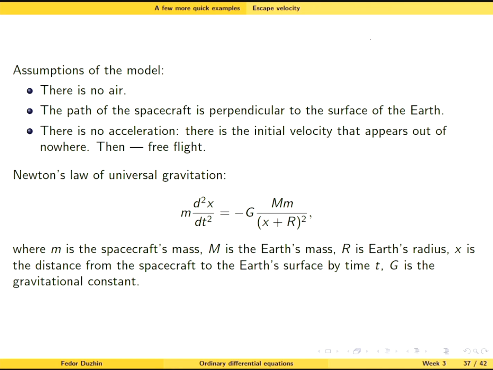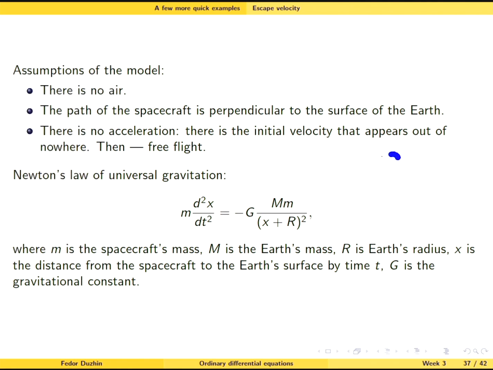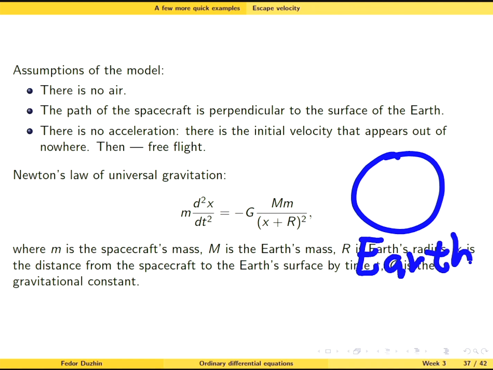Maybe let me try to draw a picture. So if this is Earth, and suppose that this is our spacecraft, so that's our rocket, or whatever.